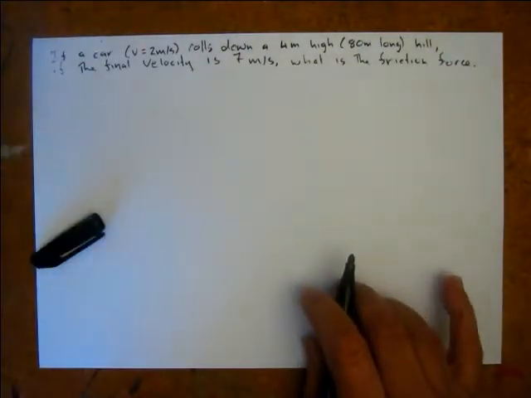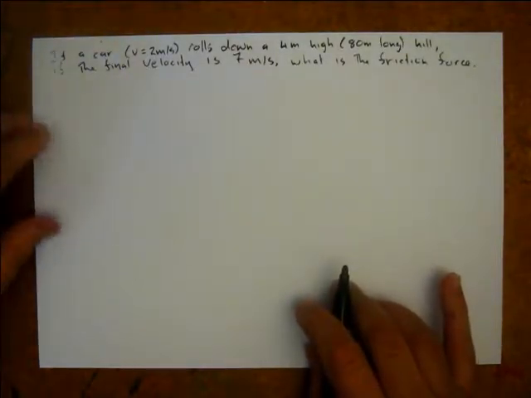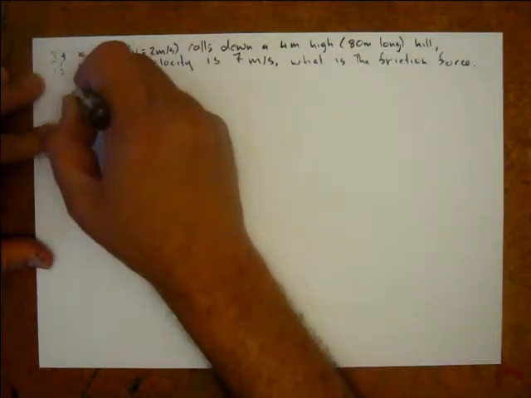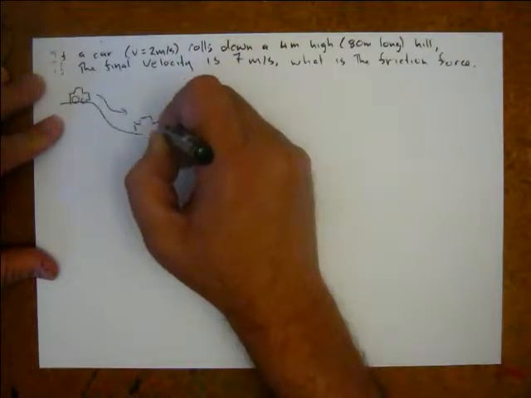So there's actually multiple steps in a problem like this. It's still a nice little problem, but again we draw a picture. So we've got a hill, car up the top of the hill, and it rolls down the hill to the bottom.